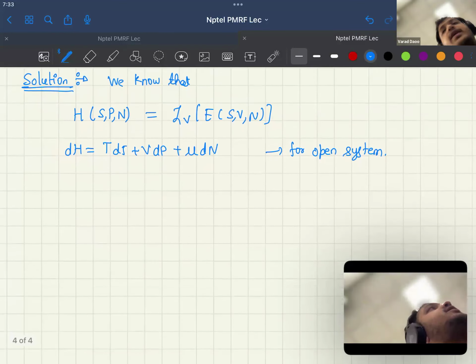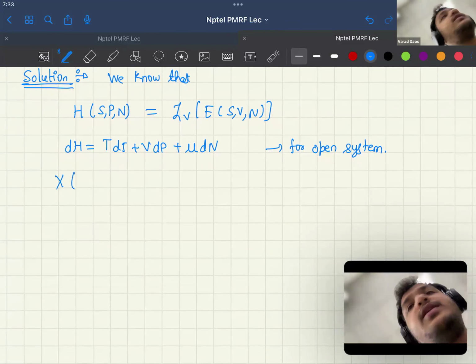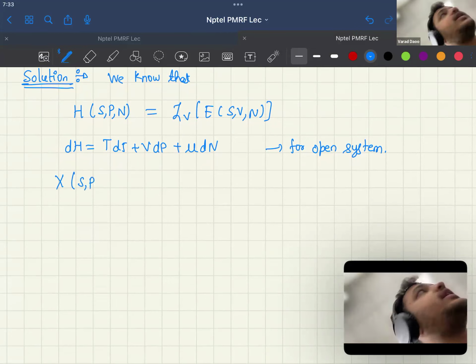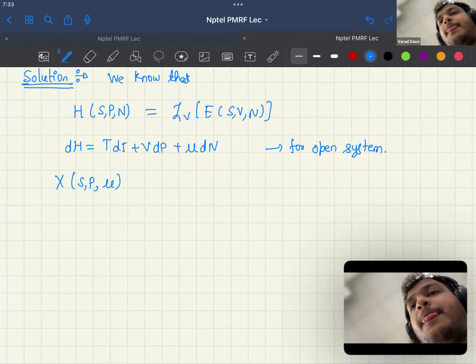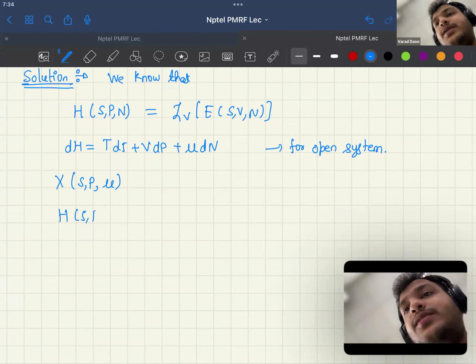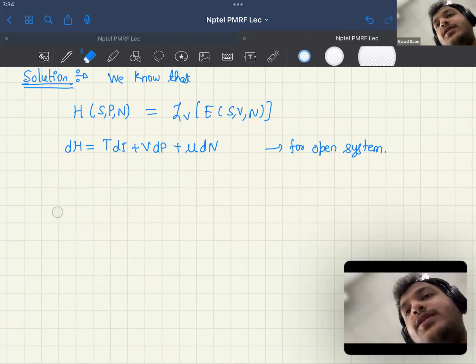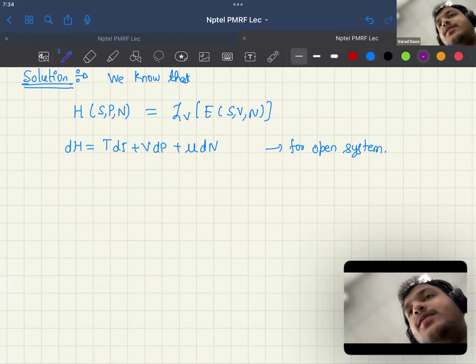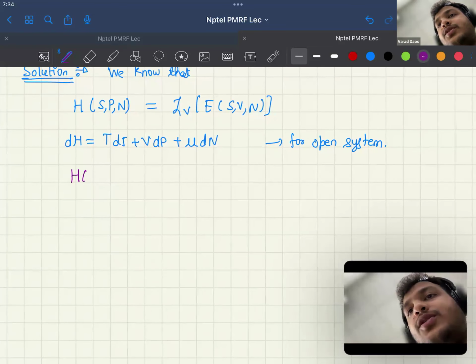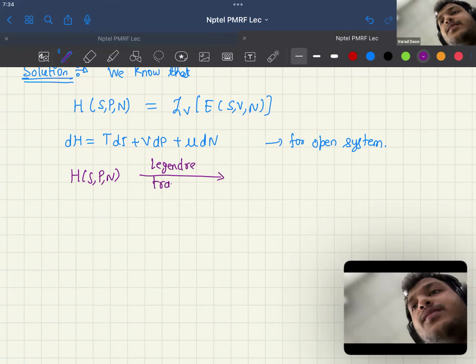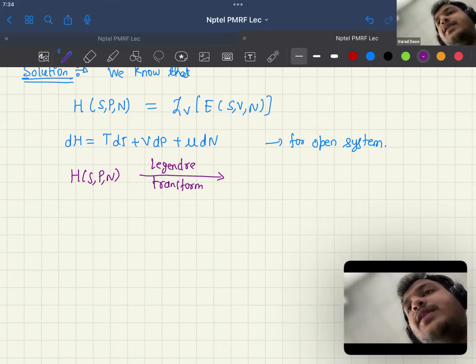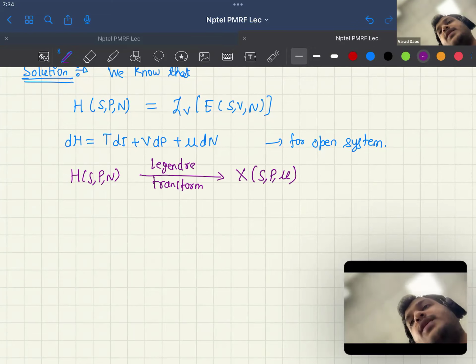Now let us assume that X, which has been given, is some fundamental variable of S, P, mu. So what we will need to do is Legendre transform. Here H is S, P, N. So let me write this down in a very systematic manner. That H of S, P, N, if we do Legendre transform, then what we'll get is S, P, mu, right?